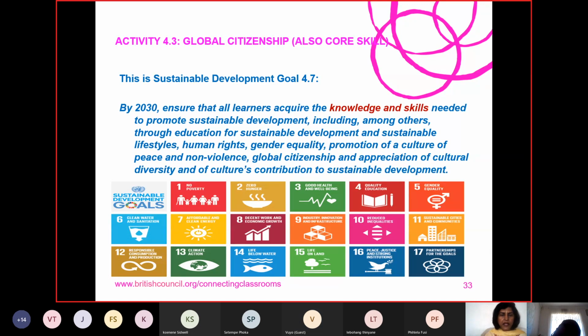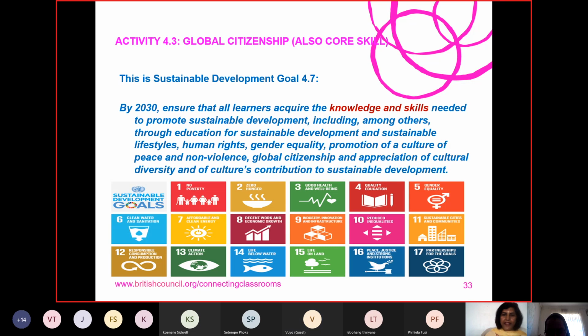Now, global citizenship is one of the sustainable development goals. You can see there, it says goal 4.7. Fastest fingers first, I'm breaking the rules, you're not going to raise your hand: who can tell me, what is sustainable development goal 4?